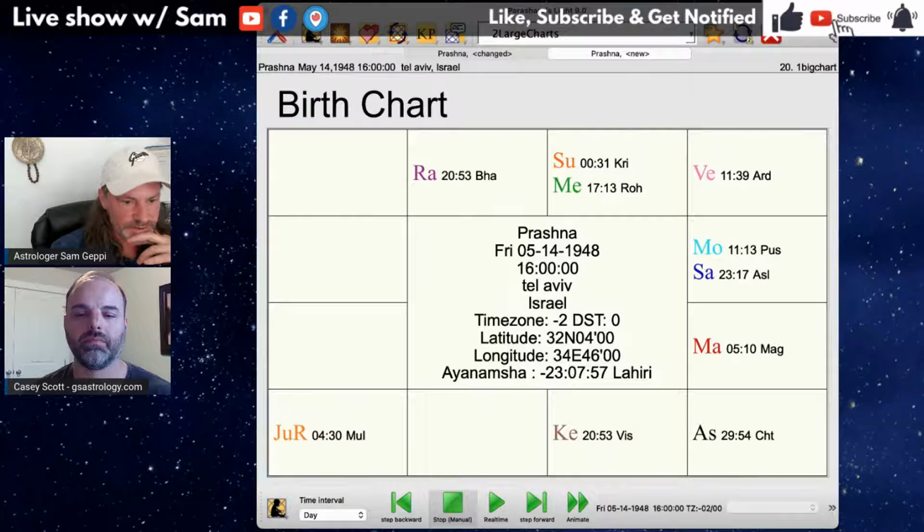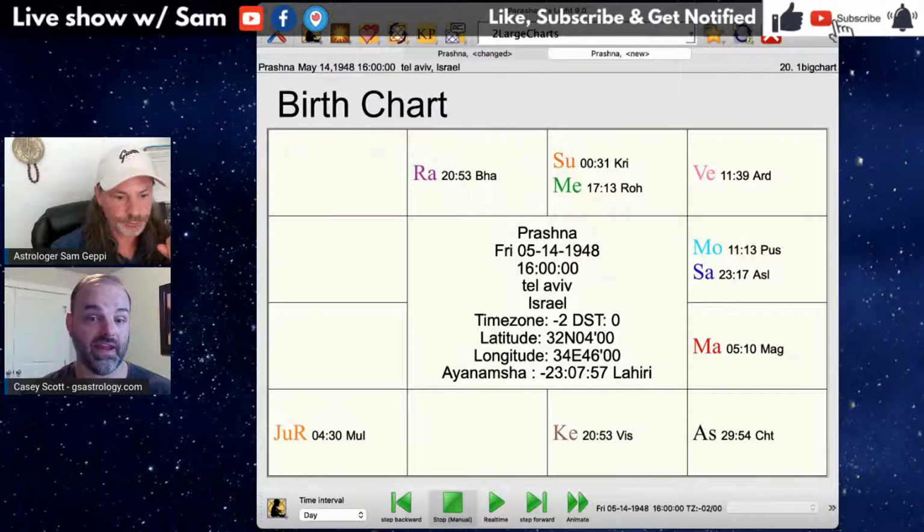Interesting chart here, but this is the birth chart for Israel, and then the Six Day War happened the next time Rahu came around. That's when you had the big war. Right, because the day after that one is when the Arab-Israeli war began.